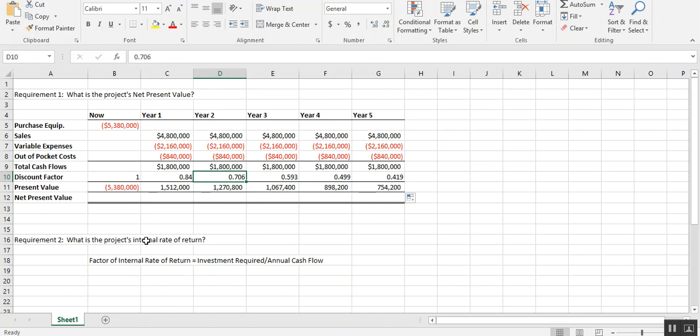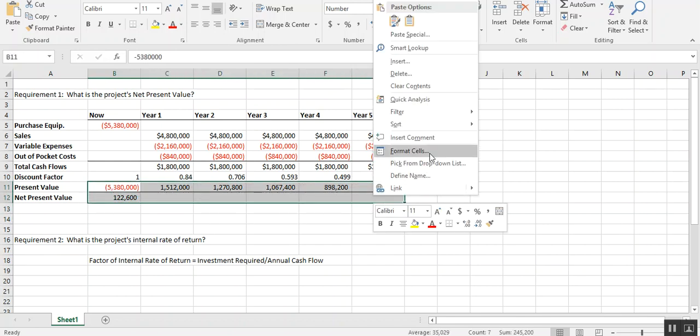All right, so after we calculate the present value of each of those 5 amounts, we can calculate the net present value, which would be the present value of each of those cash flows totaled together. So we can sum those up, and we have 1 cash outflow and 5 cash inflows, so we can net those out, and we get an actual net present value of $122,600.